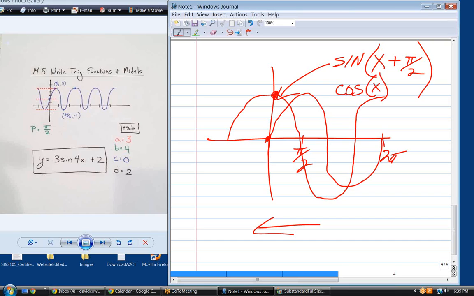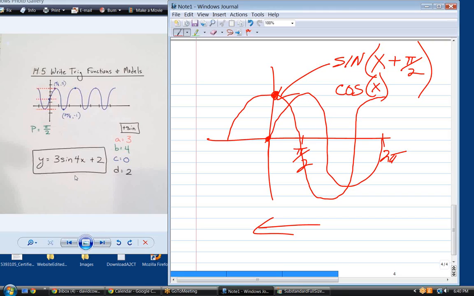So the sine of x plus pi over 2 is the same as cosine of x. Okay. Meaning that you can take any graph that they give you and you can actually come up with an infinite number of sinusoid functions. Because I could call this a cosine curve that's phase shifted by pi over 2. I could call it a cosine curve that's phase shifted by 2 pi. So there's not just one unique solution.